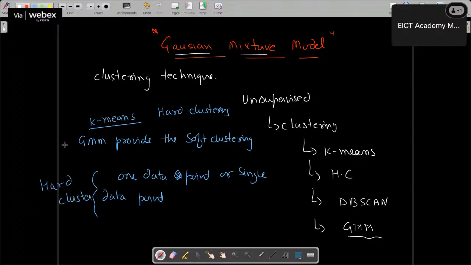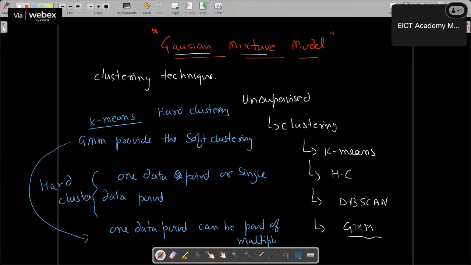But GMM is a soft clustering technique. A single data point can be a part of multiple clusters. How can it be part of multiple clusters?